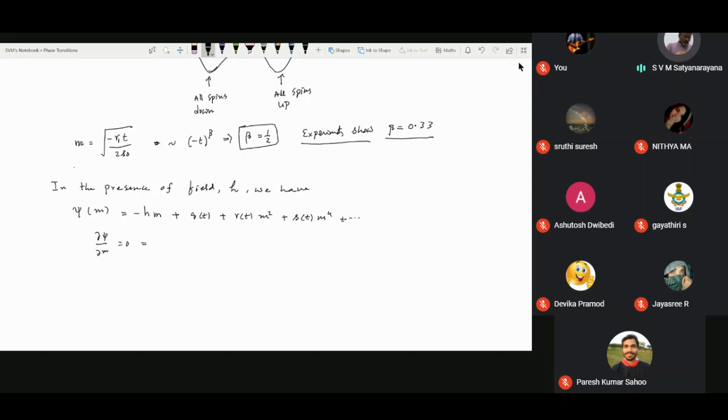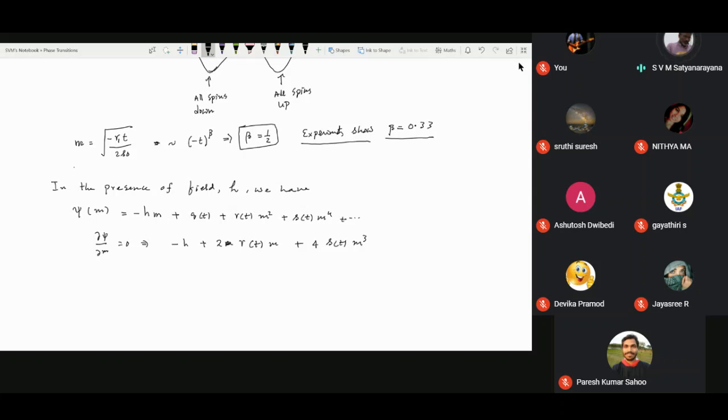This implies minus h plus 2 times r of t into m plus 4 times s of t m cube. And of course, there are higher order terms which we are anyway going to neglect.